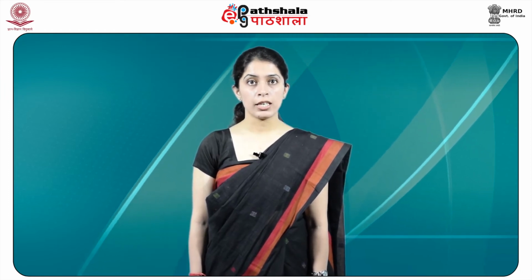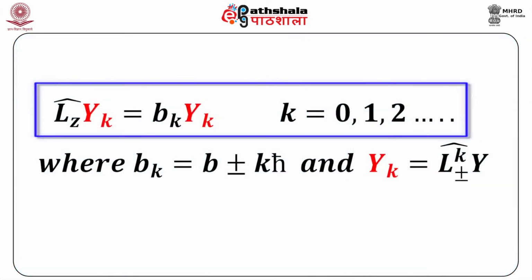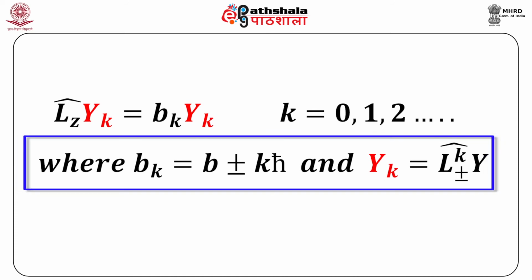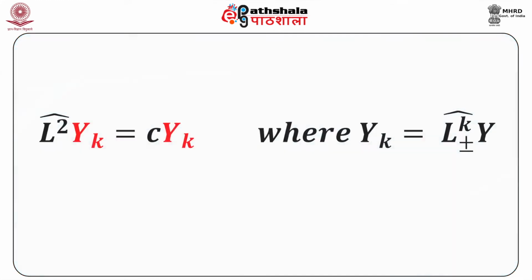The eigenvalues obtained for Lz are of the form Lz ψk equals bk ψk, where k can take value 0, 1, 2 and so on, and bk is equal to b plus or minus k h cross, and ψk refers to the operation of the raising or lowering operator, that is (L plus or minus)^k ψ. Now, the eigenvalue obtained for total angular momentum follows the equation L square ψk equals cψk, where ψk is equal to (L plus or minus)^k ψ.